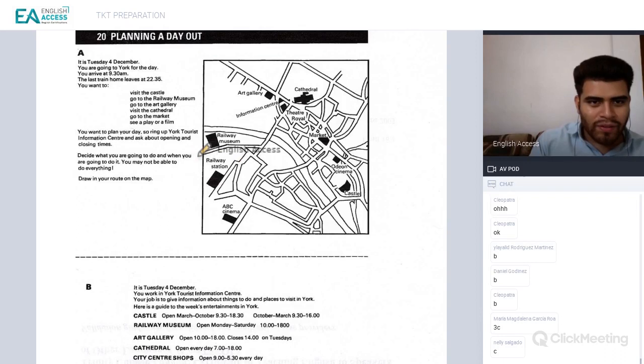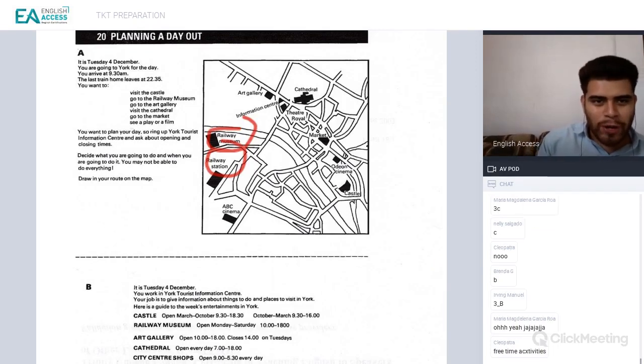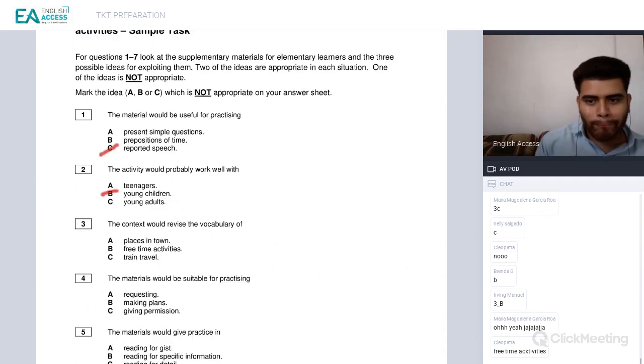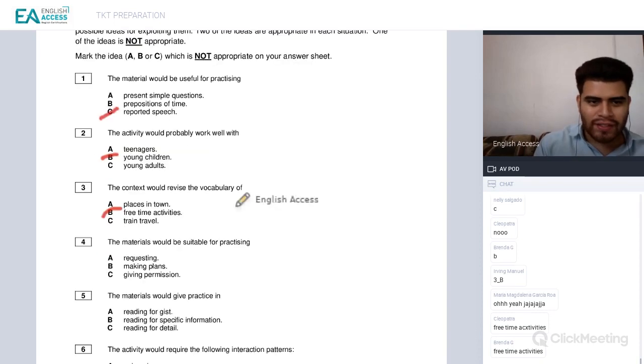But this is railway. Remember, railways are a type of train. Yes, it wouldn't practice the free time activities. Exactly.